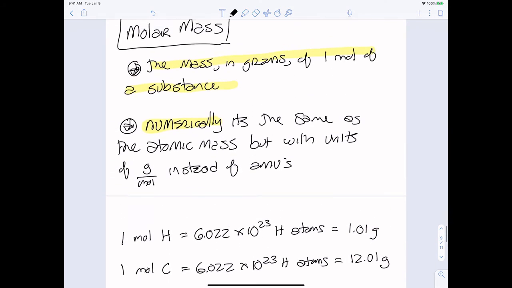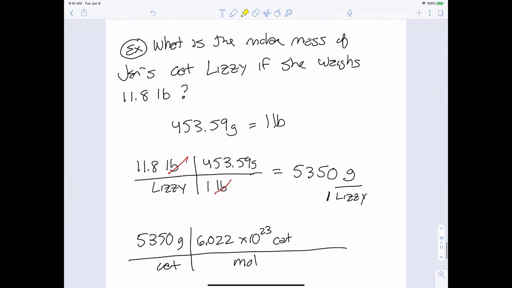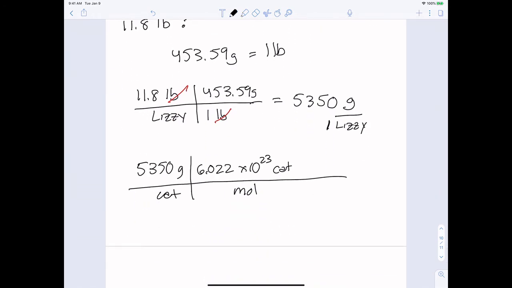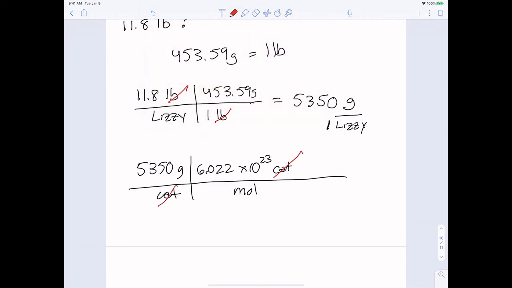If we go back up, right here, it's just an equality. So I'm just using it for dimensional analysis. 1 mole is that many items. The item in this case is a cat. So my units are going to cancel. And we're going to be left with my molar mass. And it's going to be a big number. As 6.022 times 10 to the 23rd cats should be, right? What does that weigh?